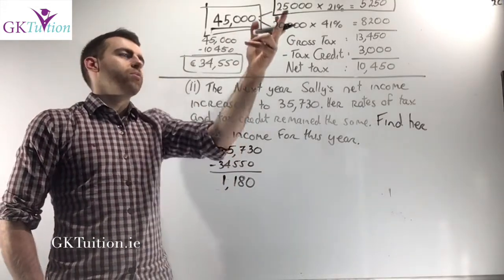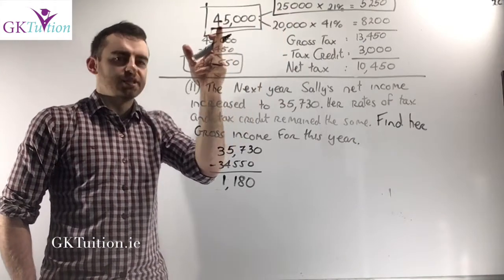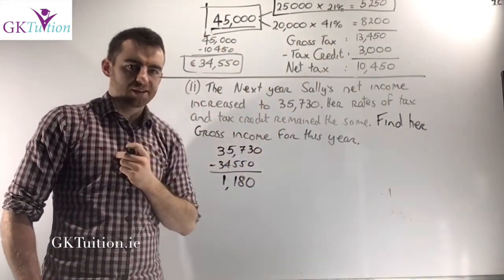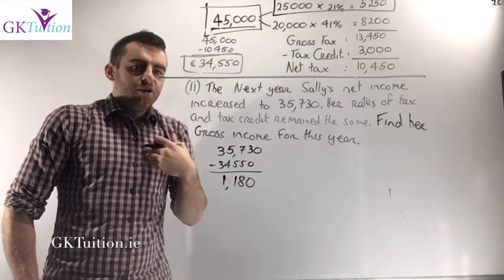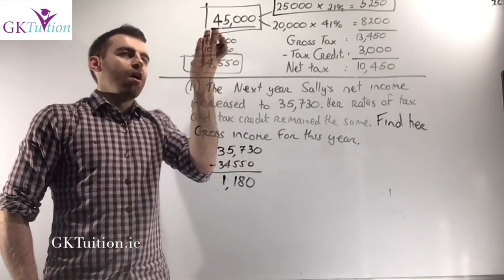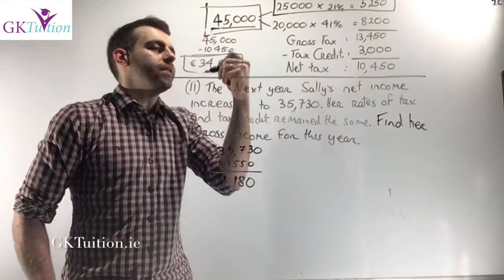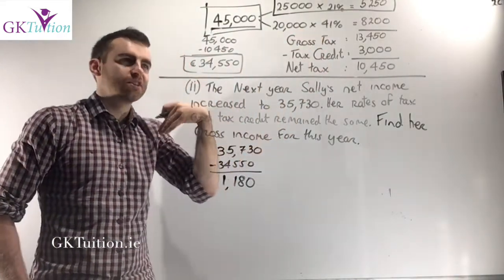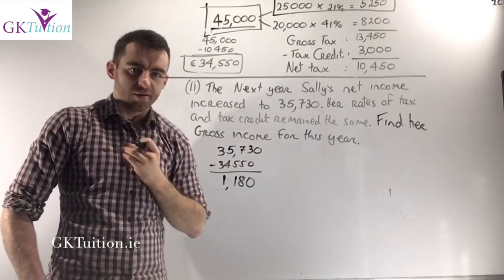However, then what you would do, you would take 25 from this figure, and whatever is remaining you would pay at 41% tax. So her income has increased, and all of the increase would have been paid at 41% tax because it's above the standard rate cutoff point.